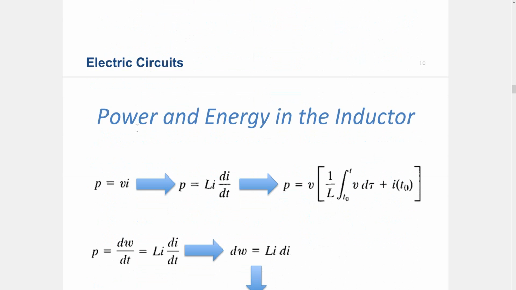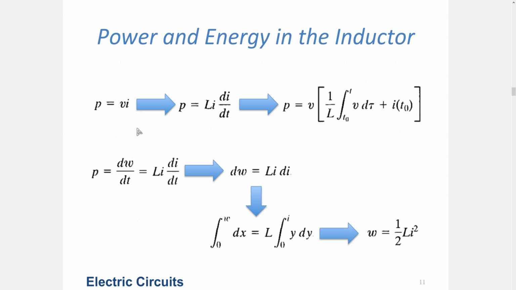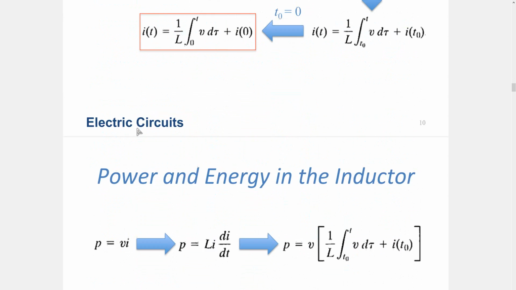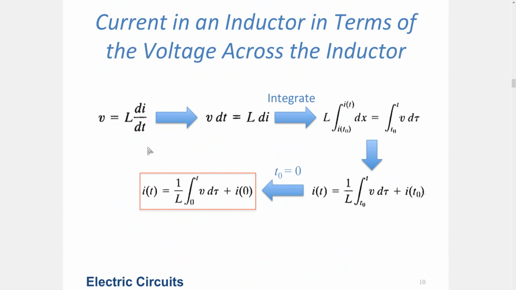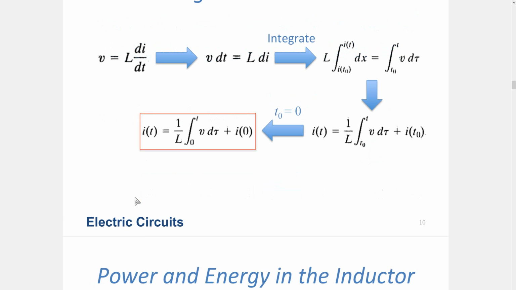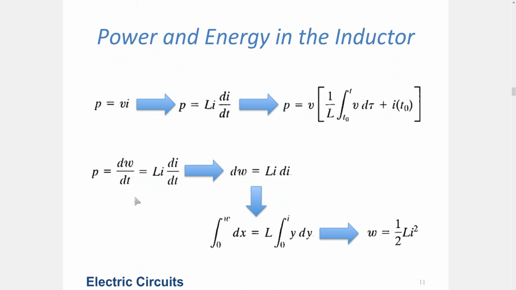So how are power and energy related in an inductor? Now, I know the voltage and I know the current, and I know the definition of power, right? Power equals voltage times current. It's universal and it's always valid. So if we do the math, we can calculate the power relationship for an inductor. Power equals V times i, and I substitute V as L times di over dt, and I have another i here.